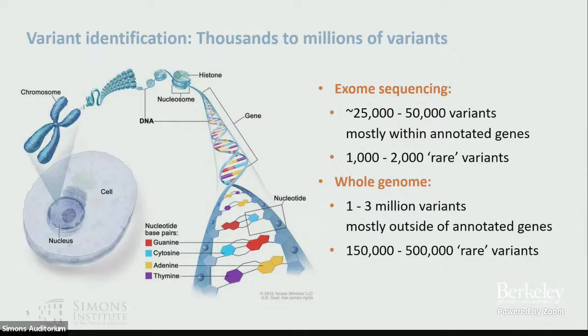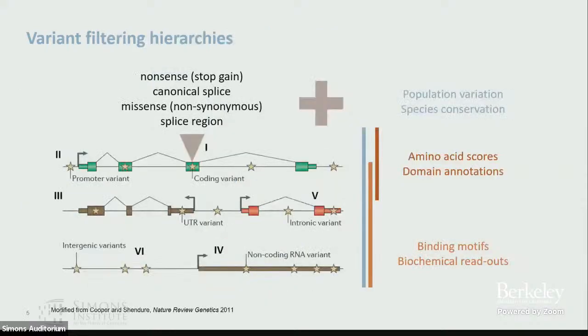And these might be large numbers of variants that we have to sift through. And like I just said, our goal was really to break up these filtering hierarchies that go, let's say, from nonsense to canonical splice, to missense, splice region, and then slowly into the regulatory regions.